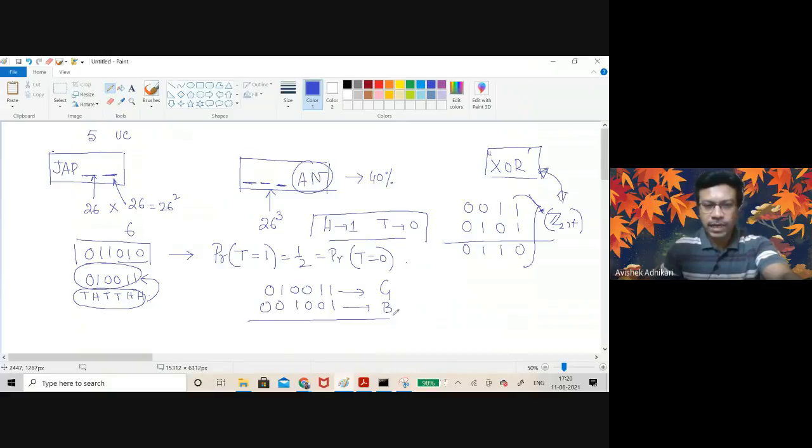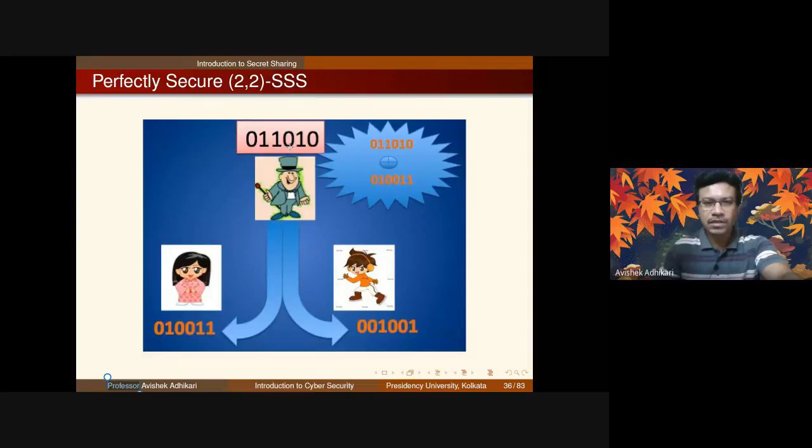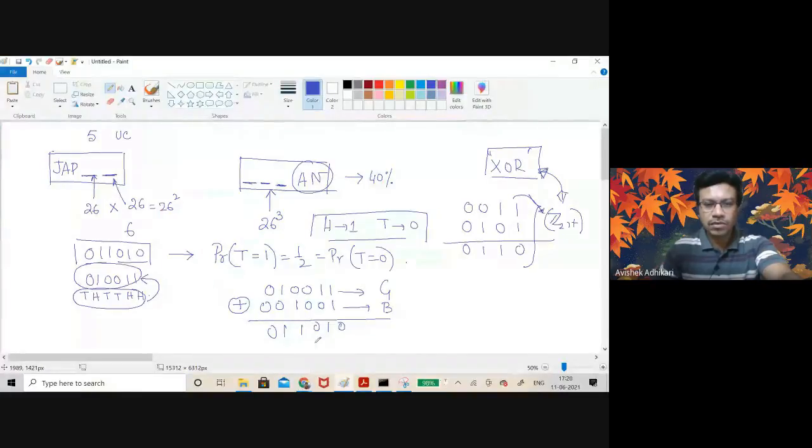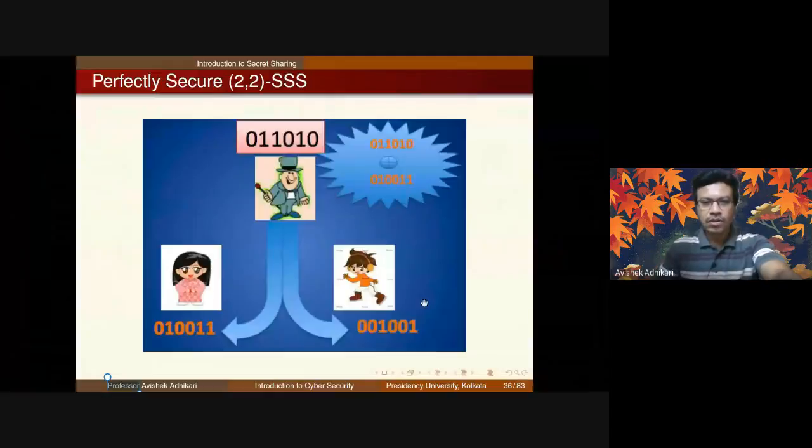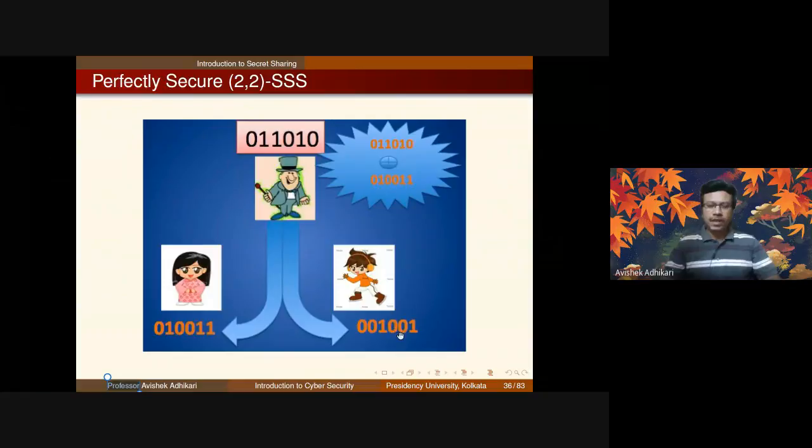Now if you make a bitwise XOR of it again, what will you get? 0, 1, 1, 0, 1, 0. And that was the secret. So if both of them put their shares together and do the XOR operation bitwise, then they will get back the secret. That's fine.